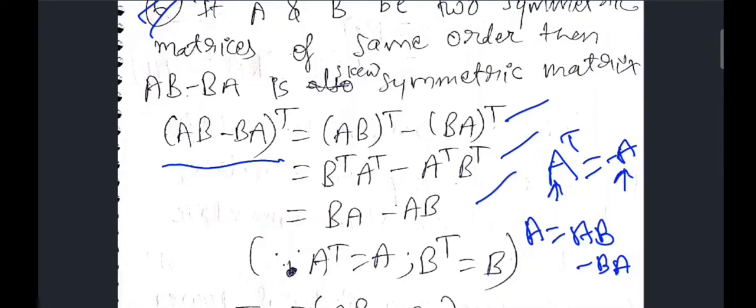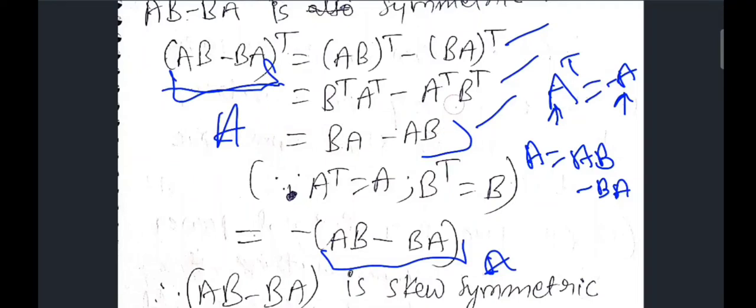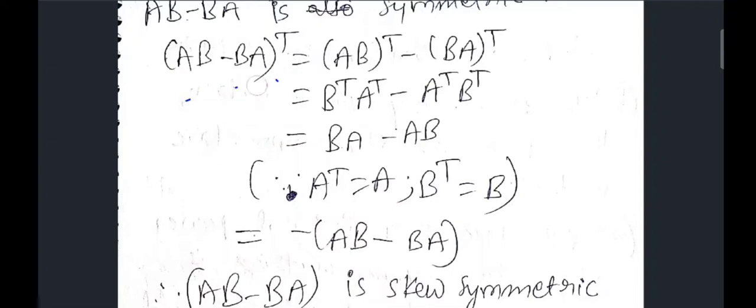After I apply the transpose property, I realize that it is BA minus AB. So clearly you can see that this has come out to be equal to minus A, by using the properties which we have learnt just now. So AB minus BA is clearly a skew symmetric matrix, and all these small things which I am teaching are of great use.